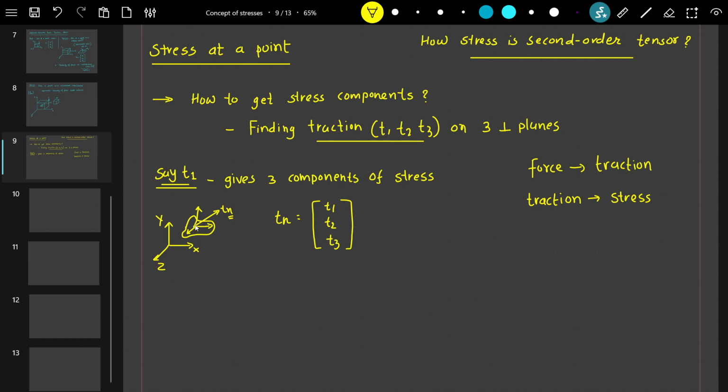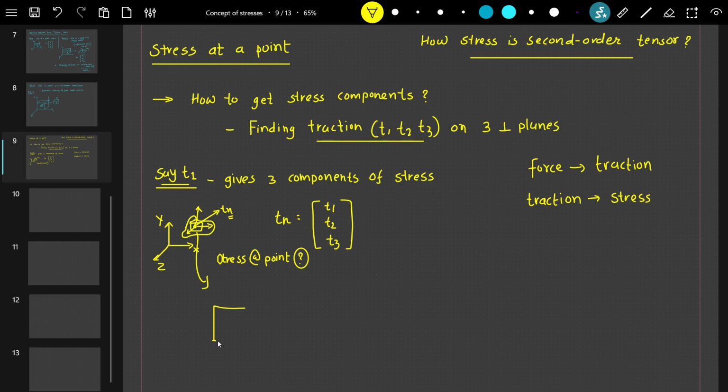Now at this point we want to find the stress. So what is the stress at a given point where traction is known? As we said, finding the traction on three different planes is how we get the stress components. If we want to find the stress, we need to define an infinitesimal volume here. So let me draw it larger.